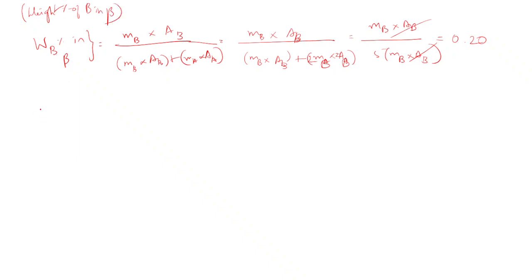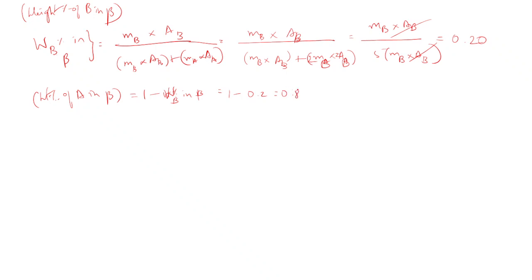Write this: weight percentage of B in beta. Next is the weight percentage of A in beta, which is simple. It is nothing but 1 minus the weight percentage of B in beta, which is 1 minus 0.2, equal to 0.8.